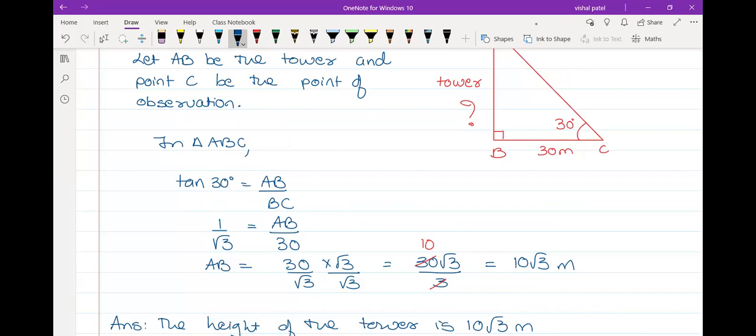Any doubt? Let me know. Okay, fine. Chalo.